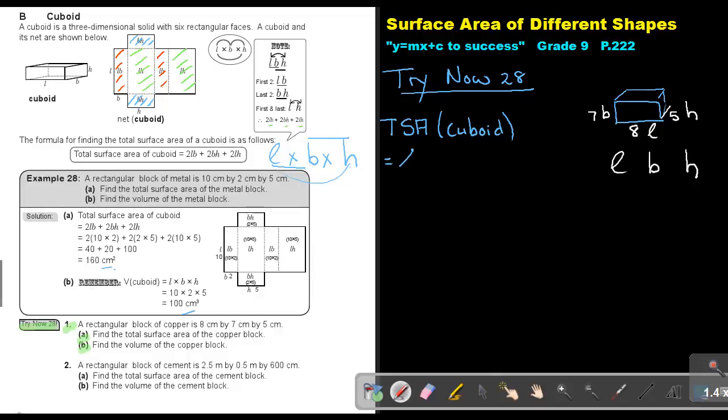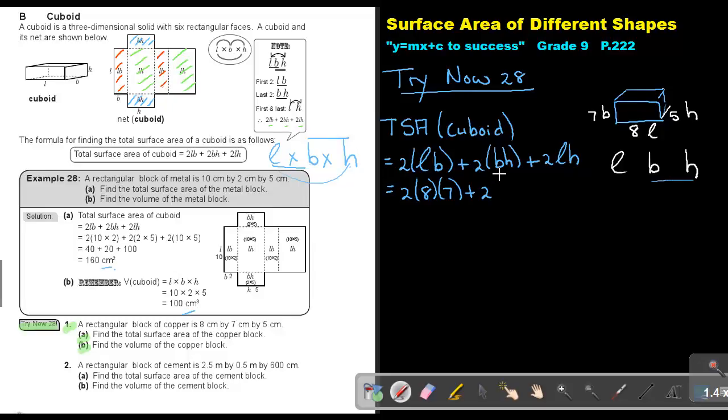Remember there's 2 of them, so it's 2 times length times breadth, plus 2 times the last two, breadth times height, plus first and last, 2 times length times height. Now, what is my length? 8. What is my breadth? 7. You can even write the values down.